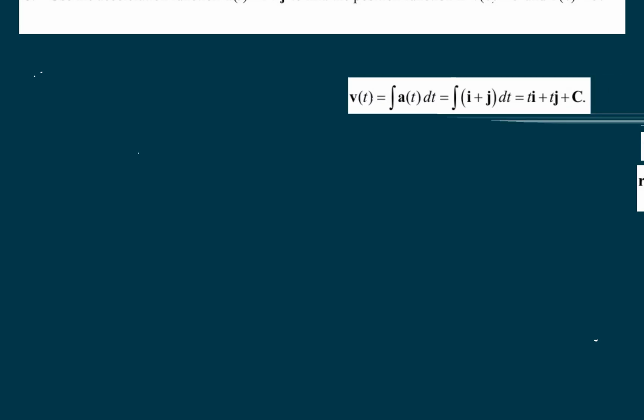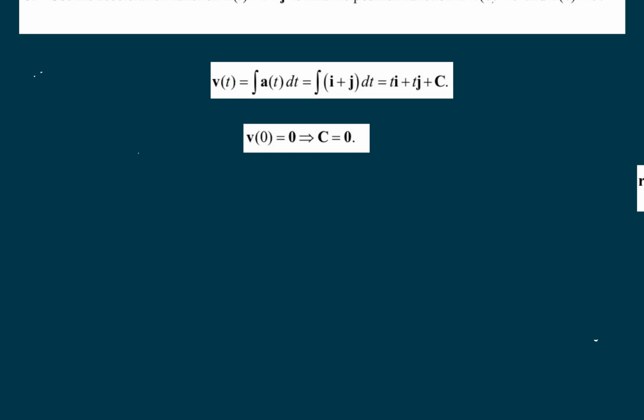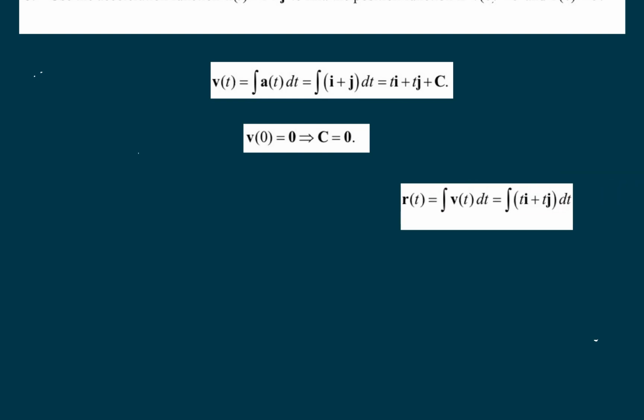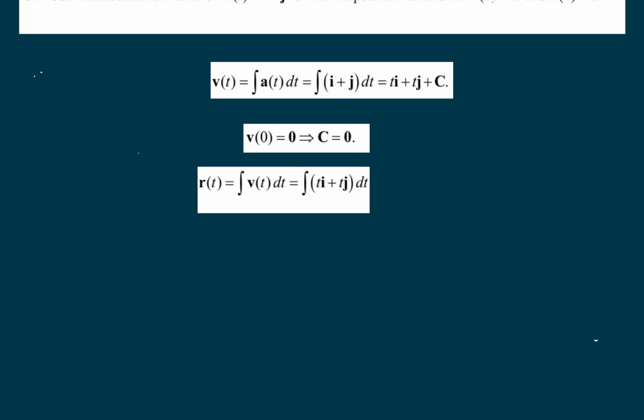What we have done is find the vector velocity by doing the integral of a dt. Plug in a, i plus j, dt, do the integral, and impose the condition that the velocity at time t equals 0 is 0, which tells you the constant c is 0. Now find the vector position r of t by doing the integral of v of t dt.